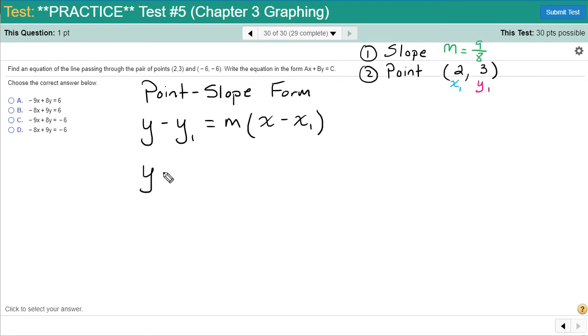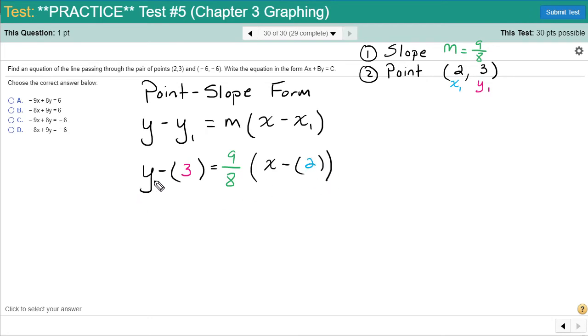So we have y minus y sub 1, which based on how we labeled our point is going to give us a +3, is equal to m, and we just found m, the slope between these 2 points, to be +9 over 8, times the quantity x minus x sub 1. And x sub 1, based on the point we chose, is +2.